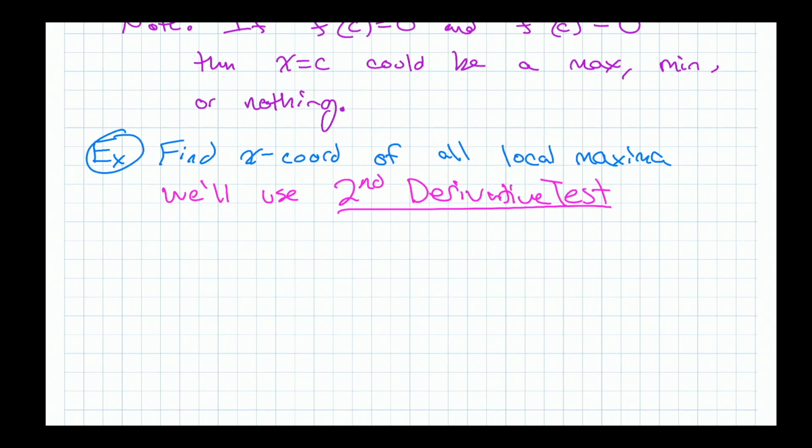All right, what's the function? The function is g of x equals x to the 9 minus 3x to the 7 plus 2.